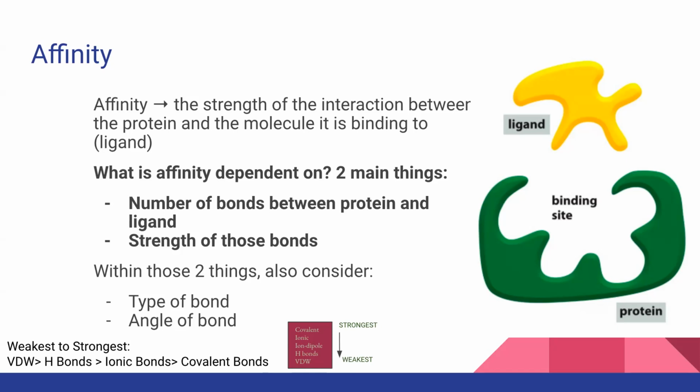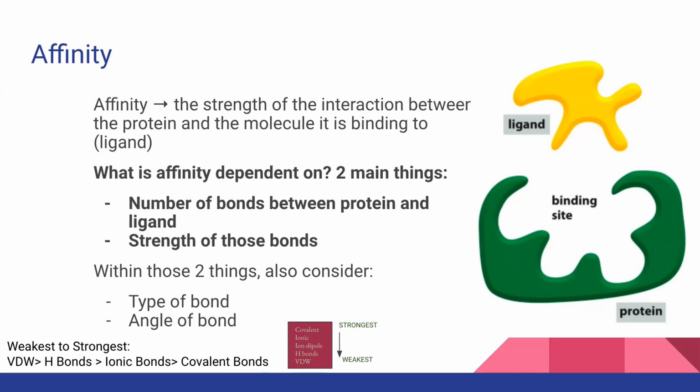But I would definitely know that if you have a charged amino acid interacting with the ligand and you change it to something hydrophobic, that's going to change the chemistry of the binding, which is going to change the affinity for each other. So it's going to decrease affinity. Does that make sense? Yeah.